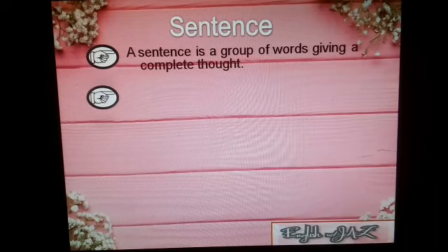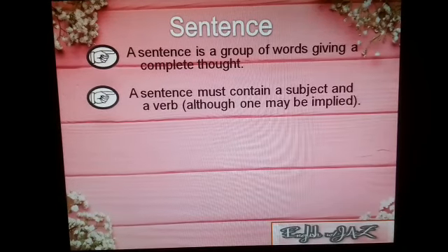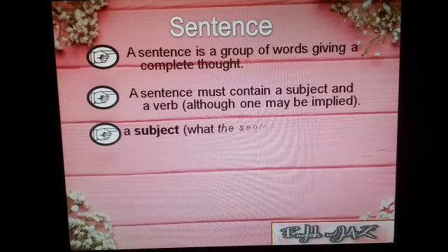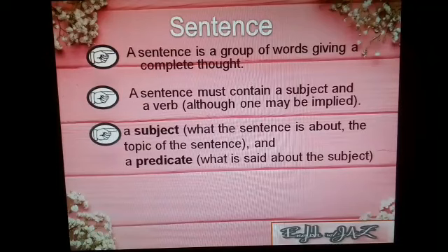Also, it must contain a subject and a verb, although one may be implied. What is the subject and the predicate of a sentence? A subject is what the sentence is about or the topic of the sentence, and the predicate is what is said about the subject.